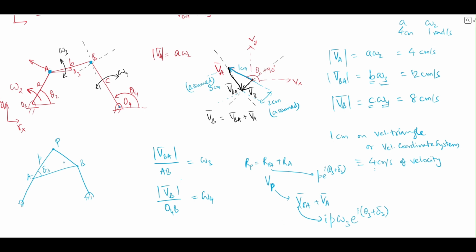You can do something similar for anything on the input and the output links if they were not simple lines instead of actual rigid bodies. And yeah, that's essentially the 4-bar velocity analysis using the graphical method.